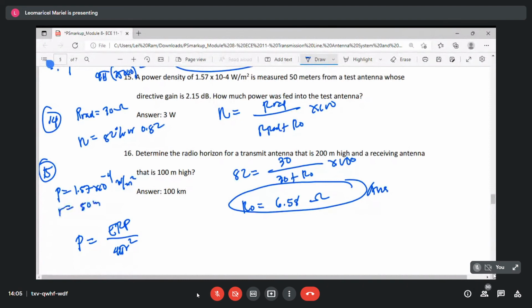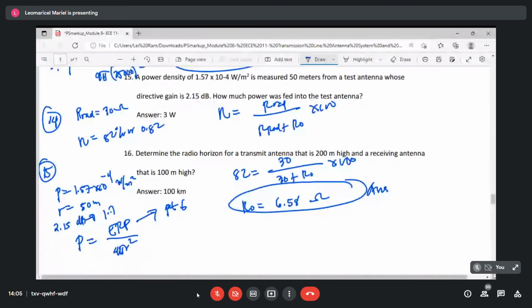Ngayon, may gain yung antenna yan. You need to convert the gain mo na na G. So, yung 2.15 dB, you need to convert that to unitless. I think that is 1.76. Equivalent siya sa 1.76.